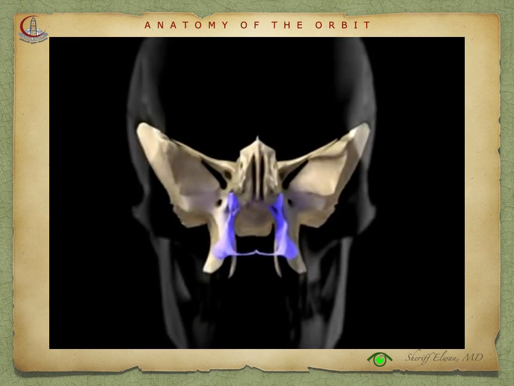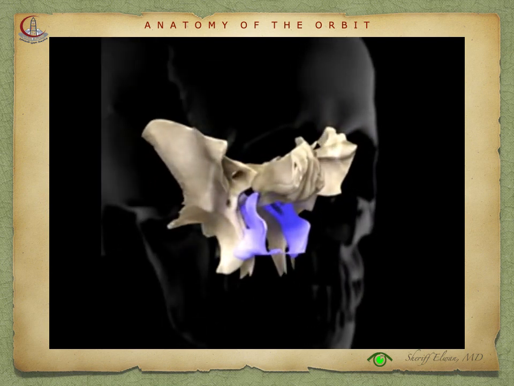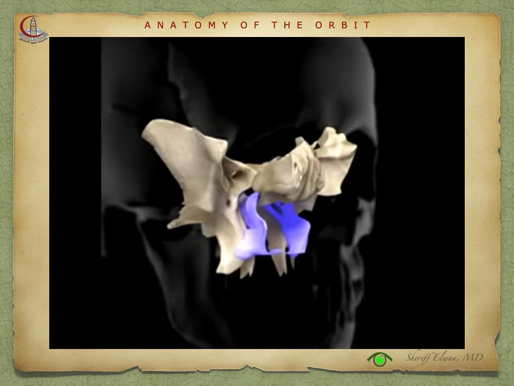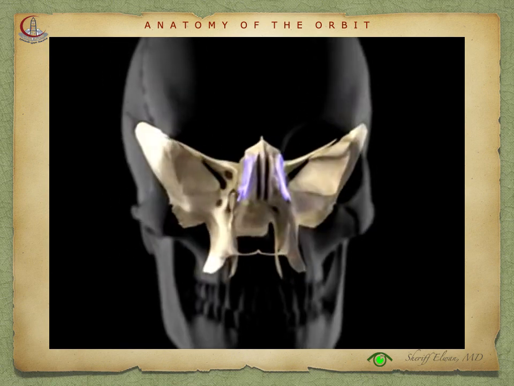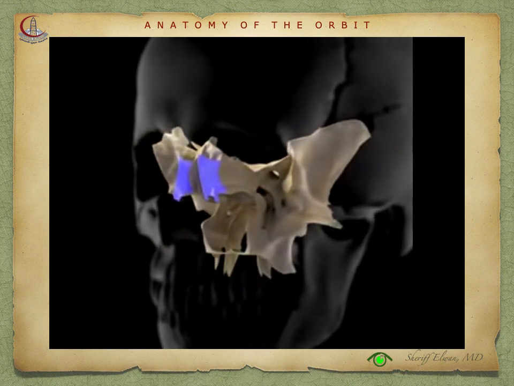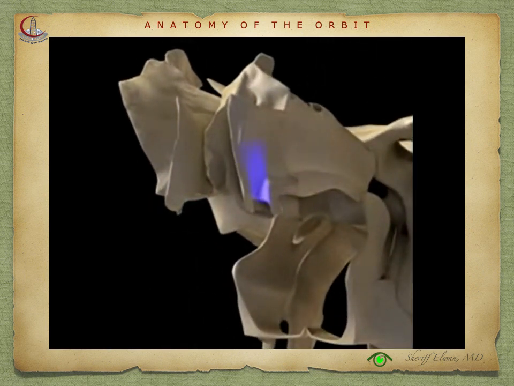Then come the palatine bones, L-shaped bones, forming part of the medial wall of the orbit, and then the lacrimal bones, forming again part of the medial wall of the orbit, with a groove for the nasolacrimal duct called the lacrimal groove.